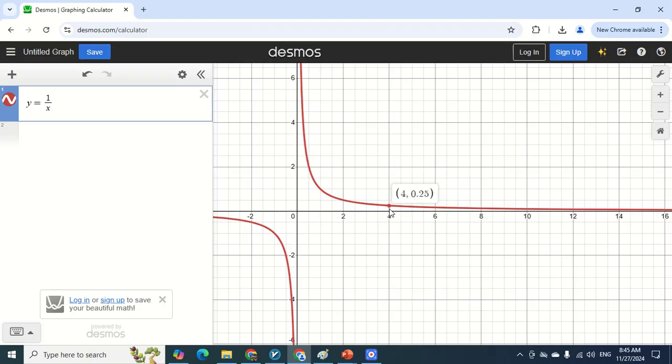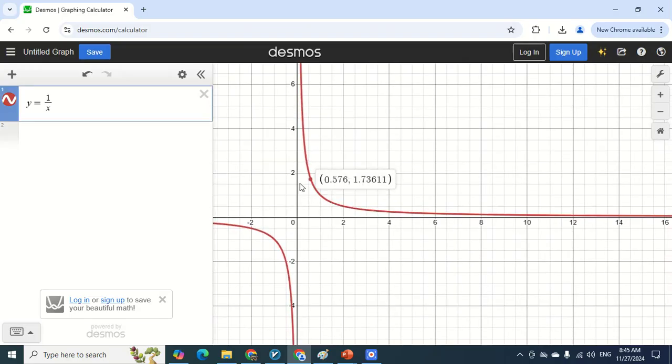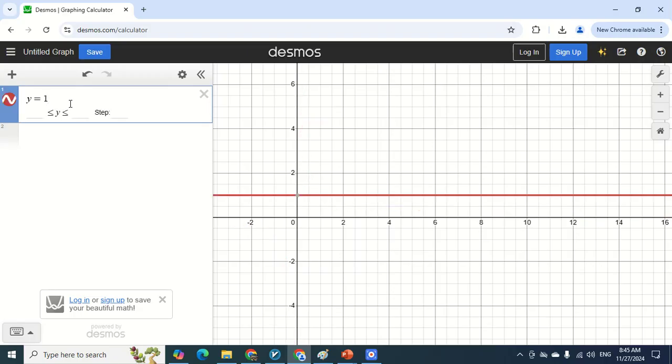But for some values you cannot determine it. For example, at the point 0, you cannot talk about the value of the function. You can approach the point 0, but you cannot evaluate the exact value at that point.